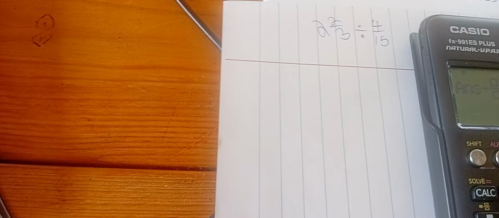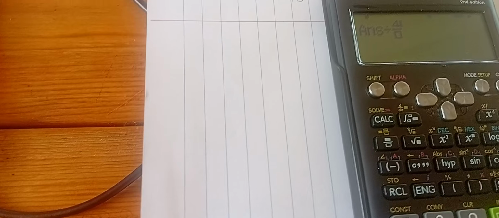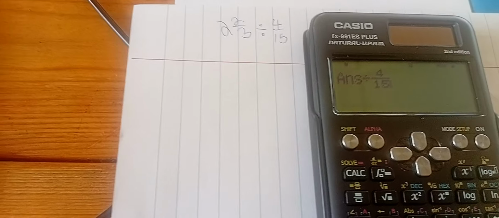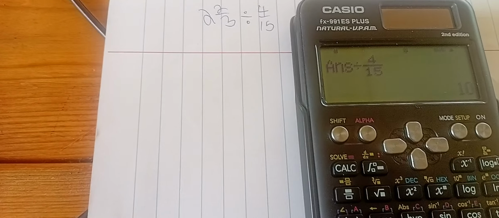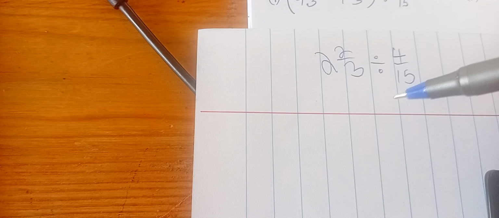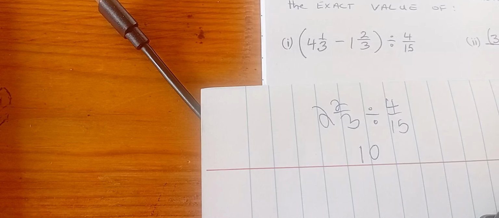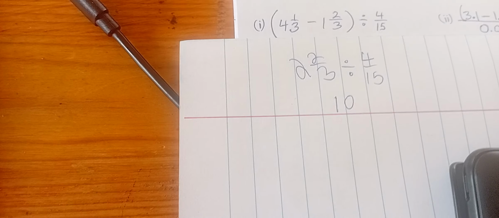So we're gonna enter the 4, then press down, and then enter 15. An equal sign, and the answer is 10. So then we can put down the answer, which is gonna be equal to 10. Okay, so that's all we need to do for our answer.